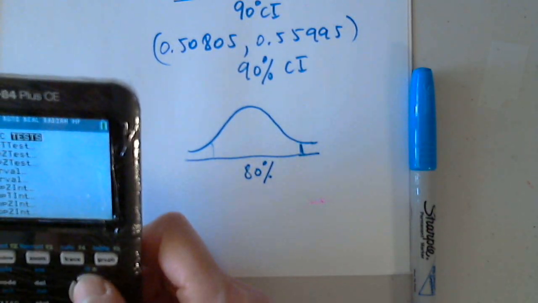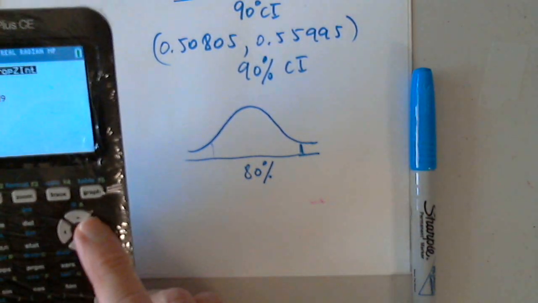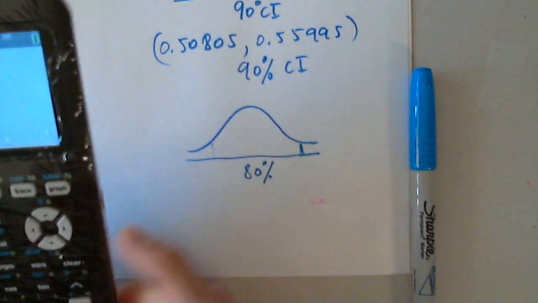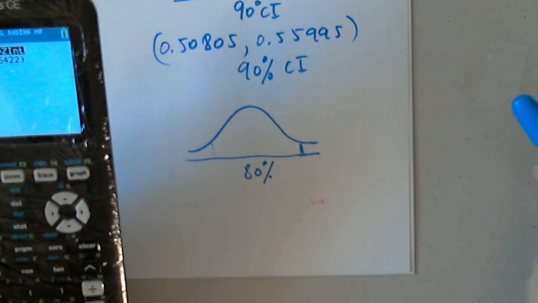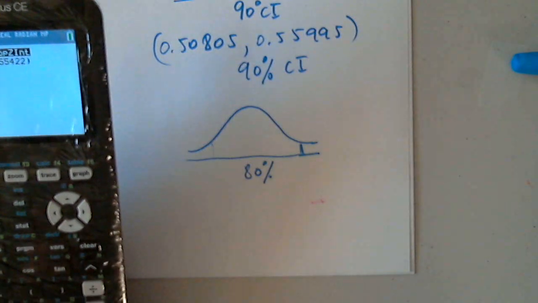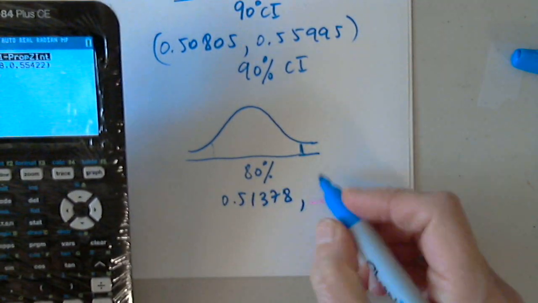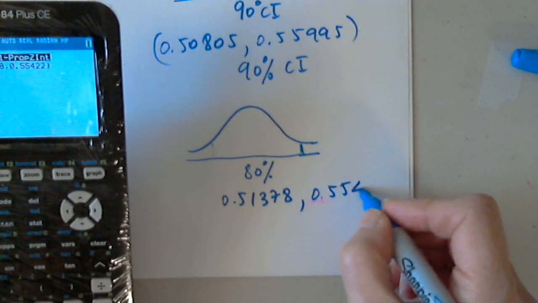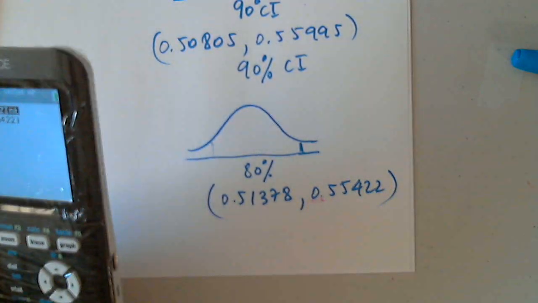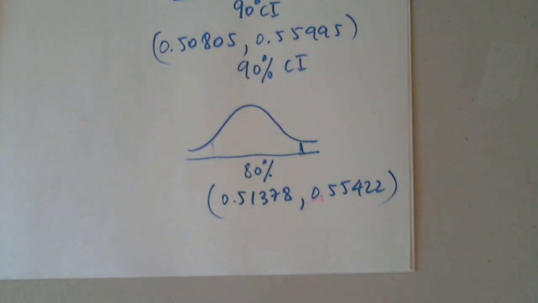One proportion z interval and calculate. That's another one. We can always go back and determine other confidence intervals.